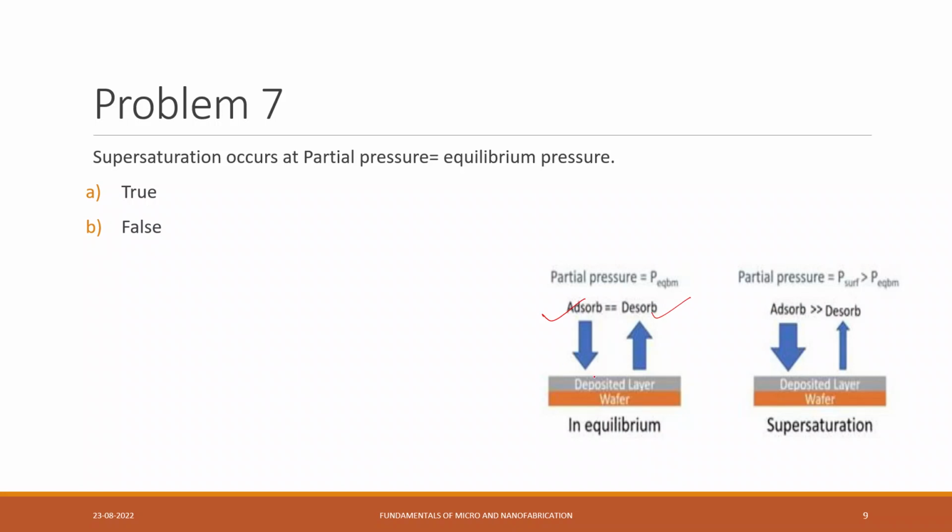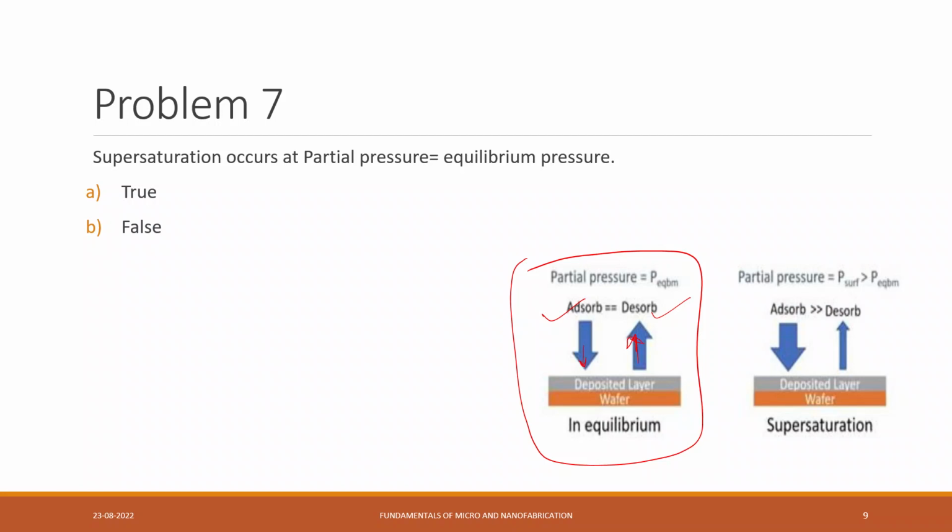Whatever the precursors are adsorbing, they also tend to desorb. So it goes on like this, where it is adsorbed and also desorbed at the same rate. So effectively, very little is getting deposited.